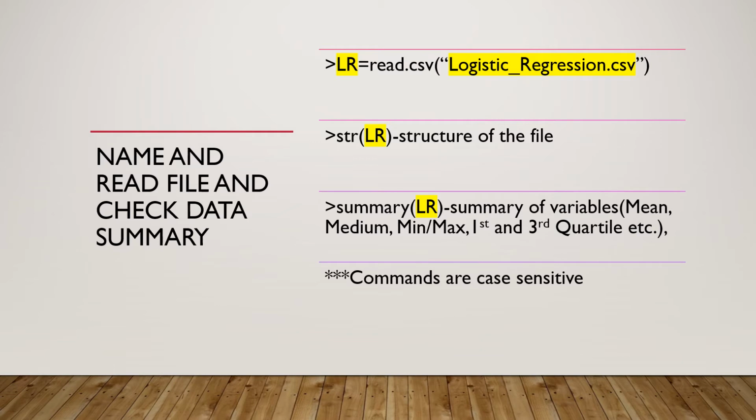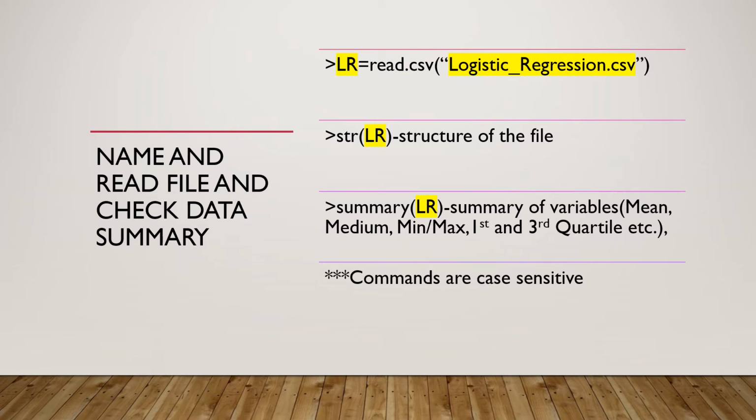Name and read file and check data summary. It's always a good idea to check the data type and summary before proceeding with the analysis. By doing so, we need to create a data frame using the commands: data frame name equals read.csv, then your file name, which is the name of your CSV file.